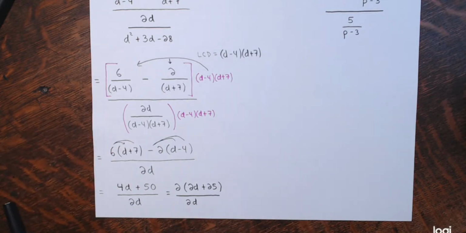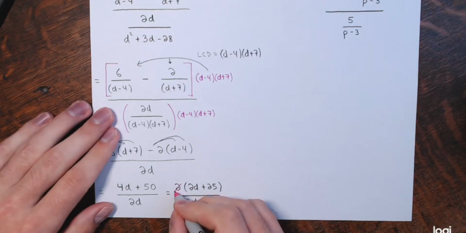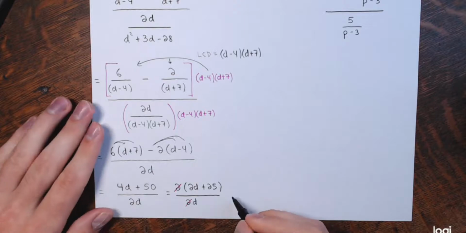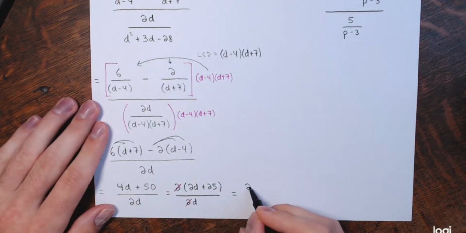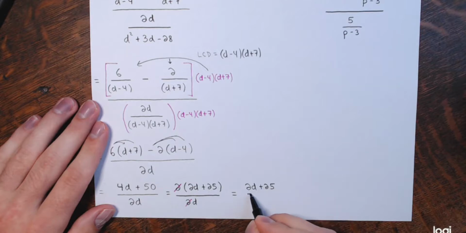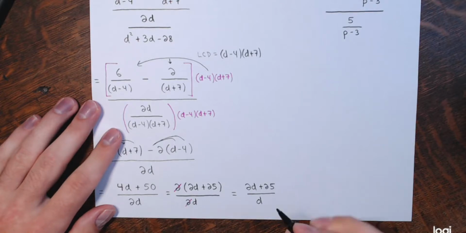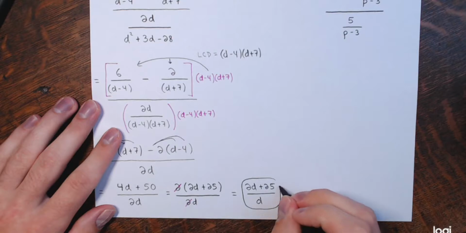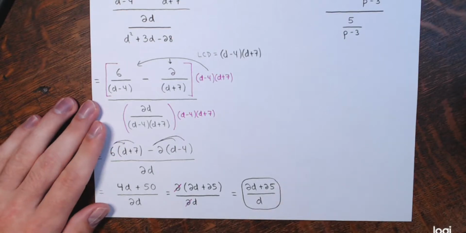So the common factor here in the numerator and denominator is 2. And when I cancel those, I'm left with 2d plus 25 in the numerator and just d in the denominator. And that's it. That is as simple as this gets. Right? The numerator and denominator have no common factors.